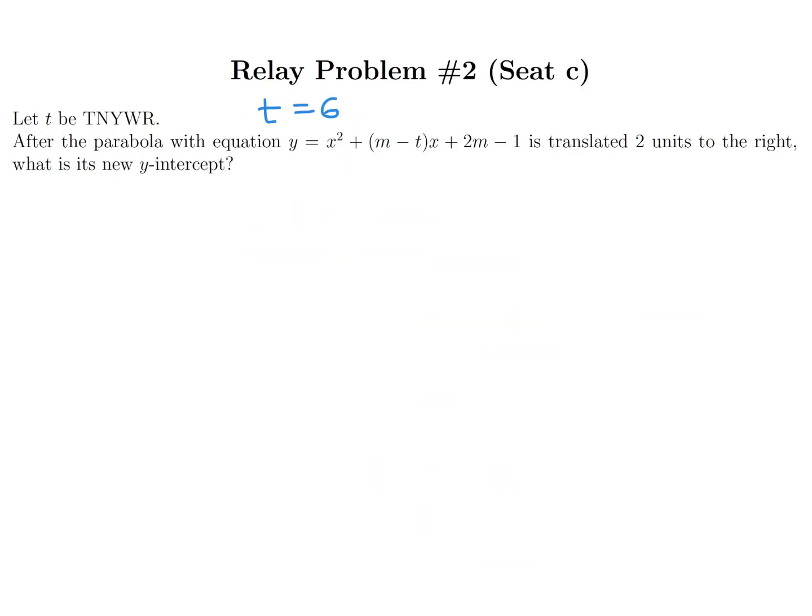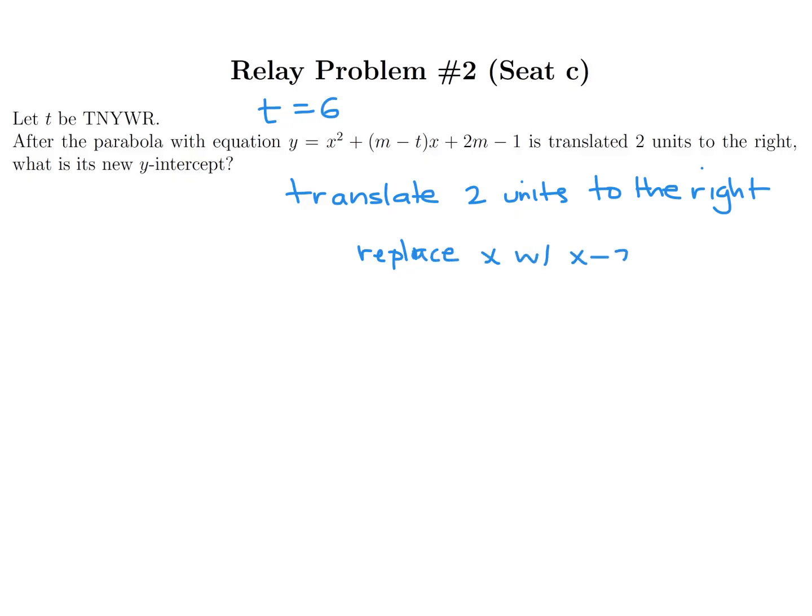T is 6. The parabola with the equation y is equal to x squared plus (m minus t)x plus 2m minus 1 is translated 2 units to the right. What is its new y-intercept? Okay, so if you are translating 2 units to the right, you basically have to replace x with x minus 2 in the equation.